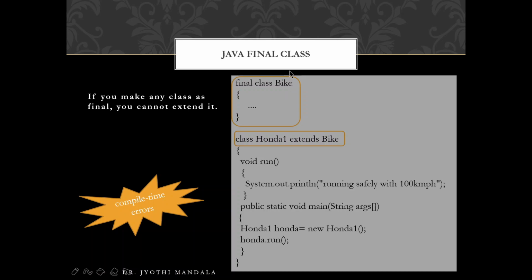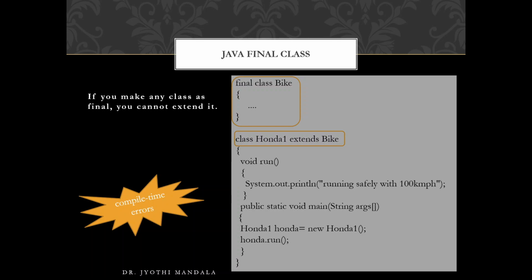Why? Because this class has been preceded with the final keyword, saying that this Bike class cannot be extended. So this is how the final keyword can be used with a variable, method and a class.